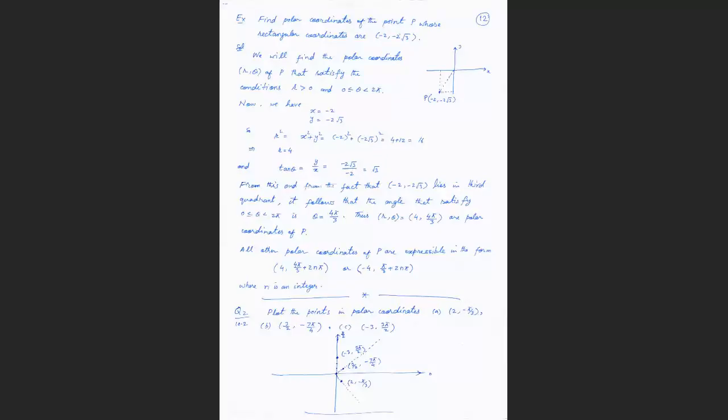This example is about polar coordinates, where we have to find the polar coordinates when the rectangular coordinates are given. Okay, we have rectangular coordinates, meaning x is equal to -2 and y is equal to -2 square root of 3.